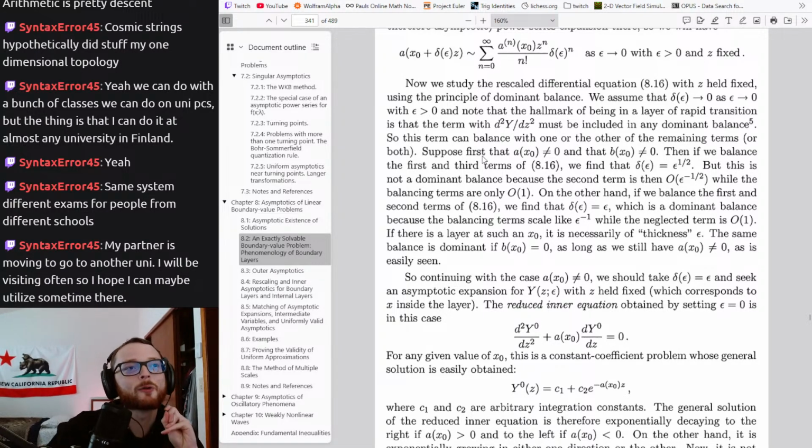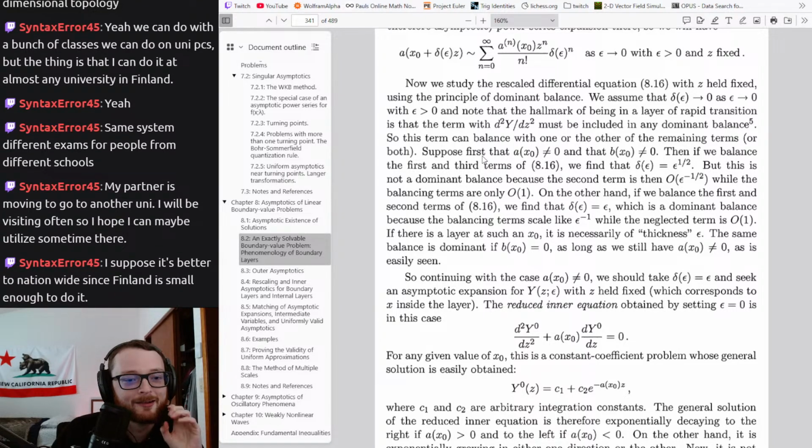The closest thing, it's definitely not integrated like that. You can take courses outside your university, and if they feel like it, they can accept those courses for credits. But it's a very individual thing. Better to do it nationwide since Finland's small enough to do it. Yeah. Cool.